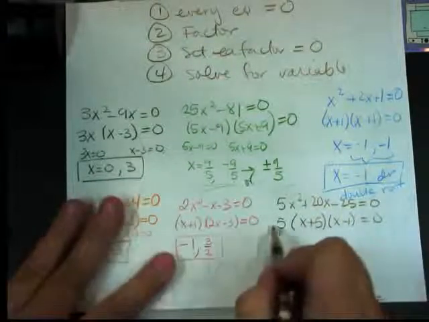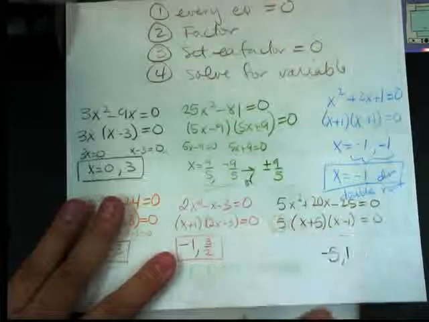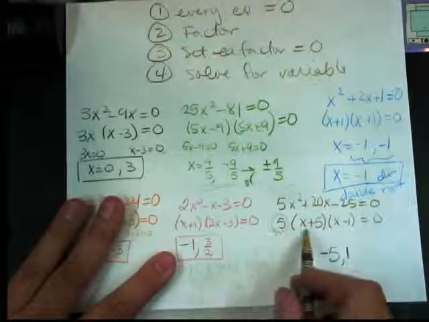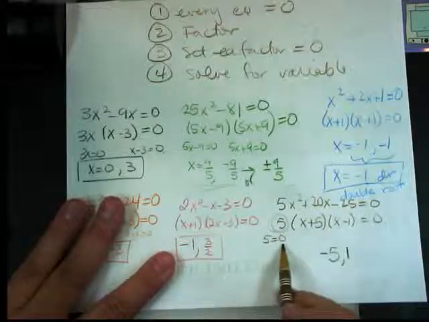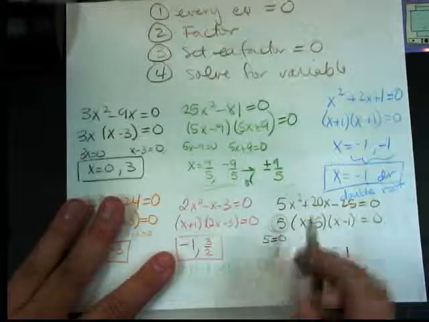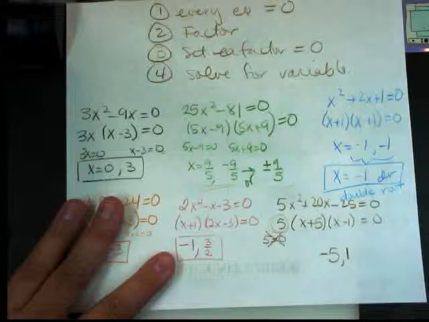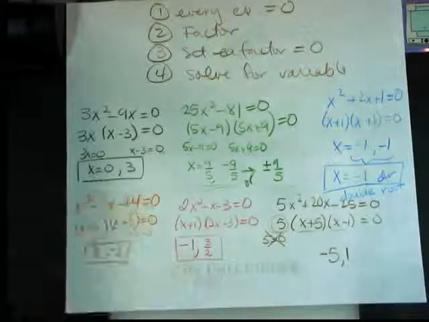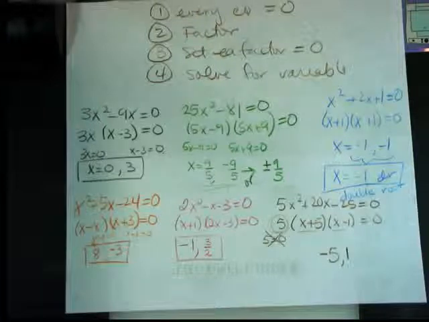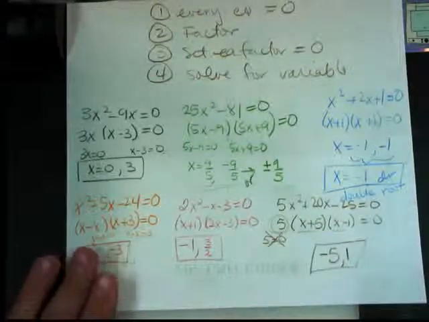When I have a GCF that has no letter, if I were to set each piece equal to 0, I get 5 as 0. 5 can never be 0. So this does not give me a solution. Only the ones with letters give me solutions. -5 and 1.